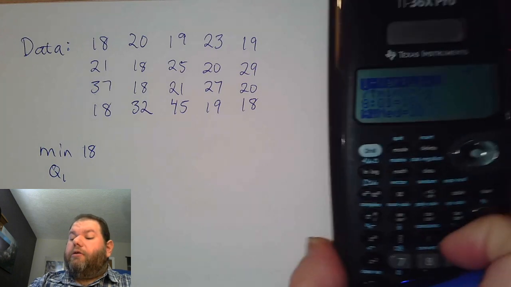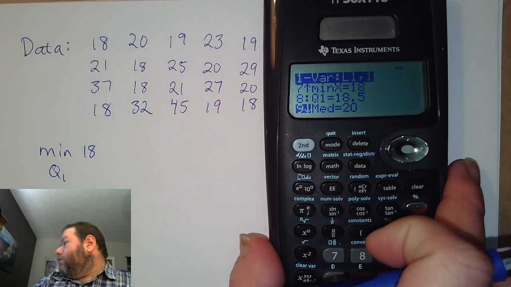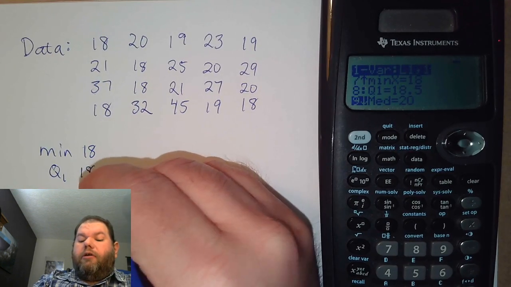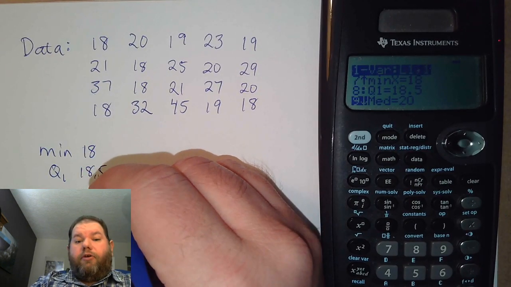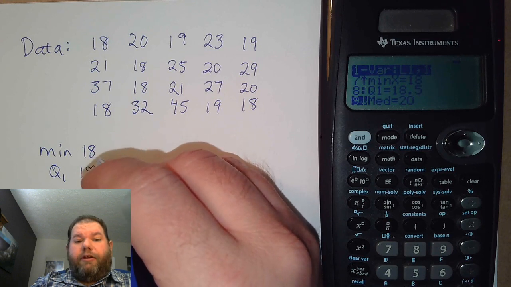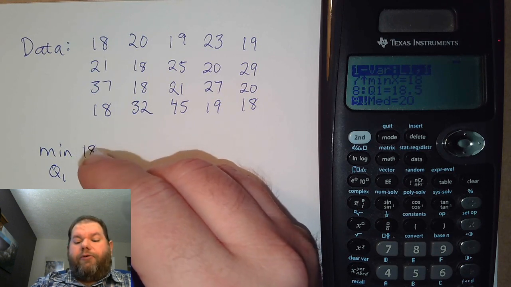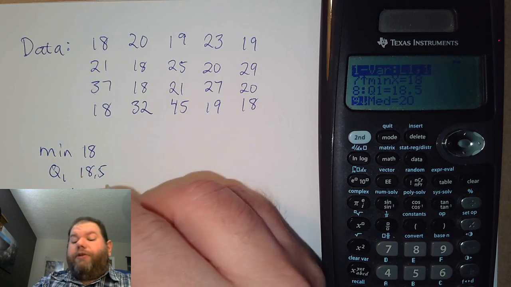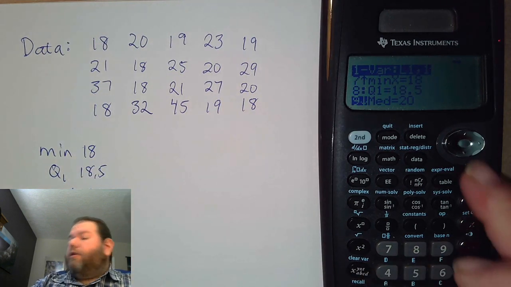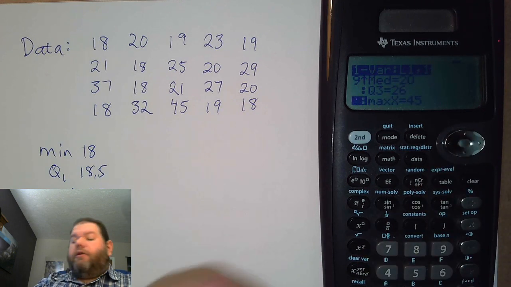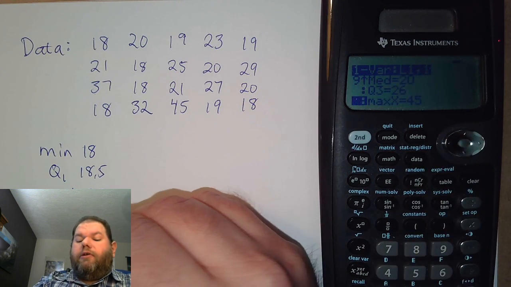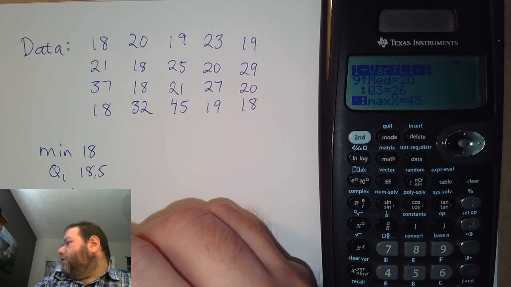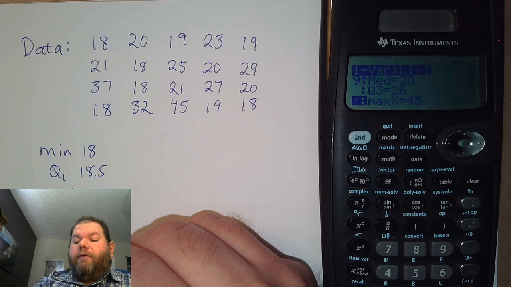Q1, which is 18.5, which the minimum and the Q1 being so close tells us that it's pretty compacted on that lower end. Median is 20, and then Q3 is 26, and the maximum is 45.